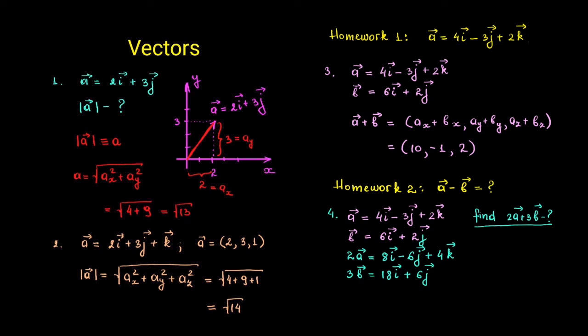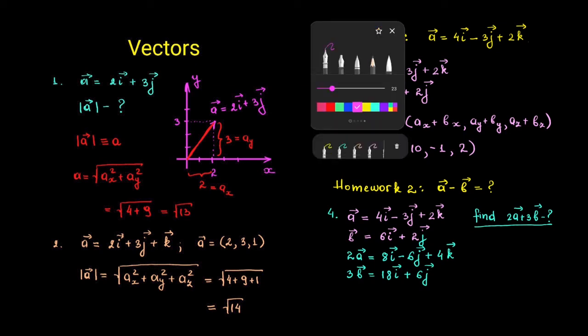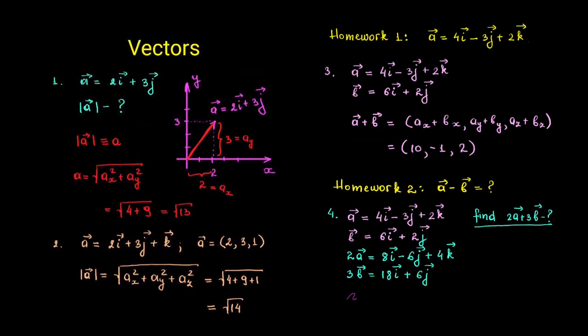Now we can calculate 2a plus 3b vector. So it is equal to 8 plus 18, so it is 26i, so 6 minus 6j plus 6j, so it is 0, right?